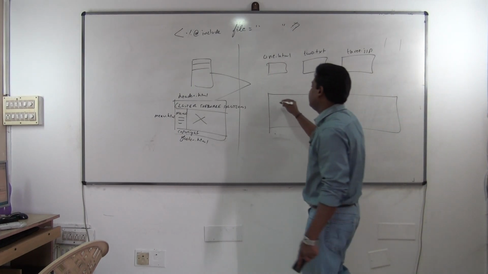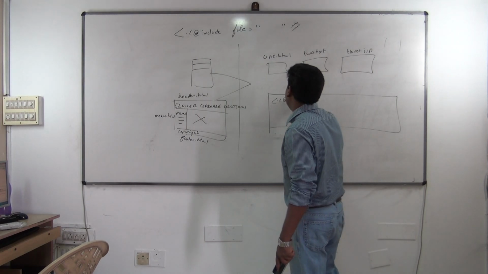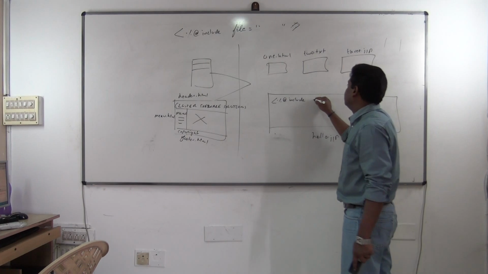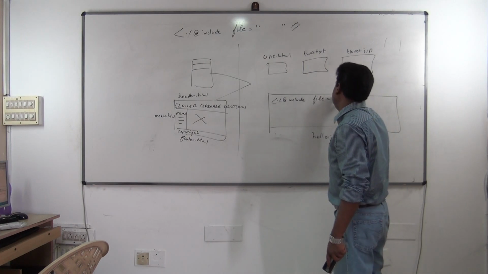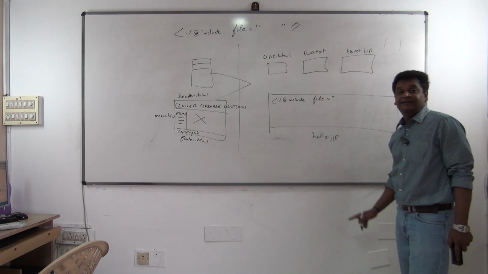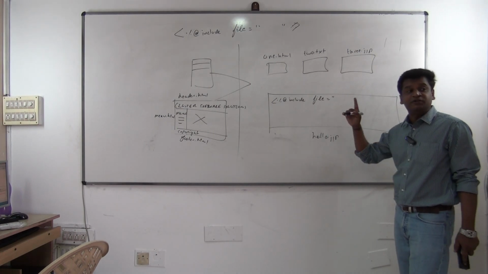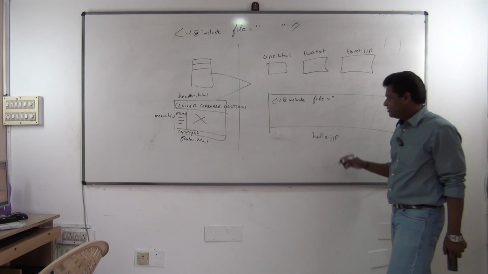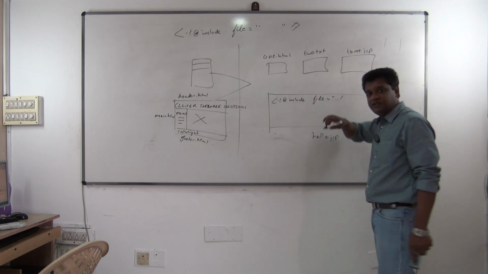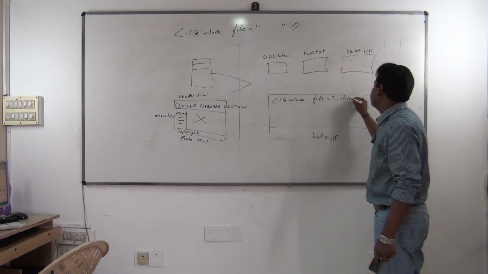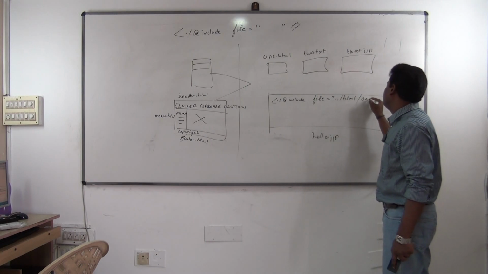So how will you do it? Can you guess? %@ include. What do you write? file is equal to, what is the path you'll give? See, you are in the JSP folder. The JSP has to include an HTML file. So from the JSP you have to go outside, enter HTML/1.html.